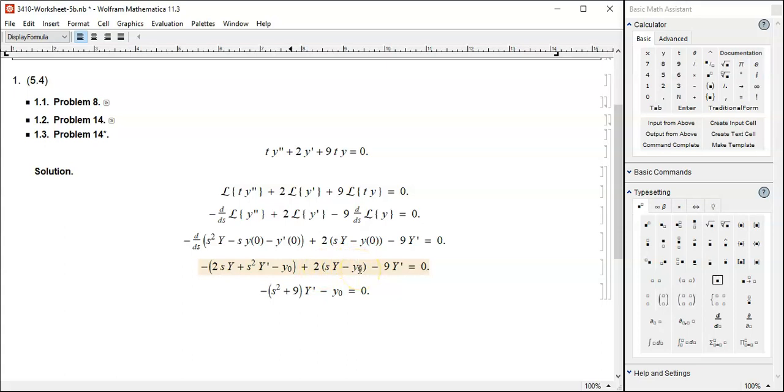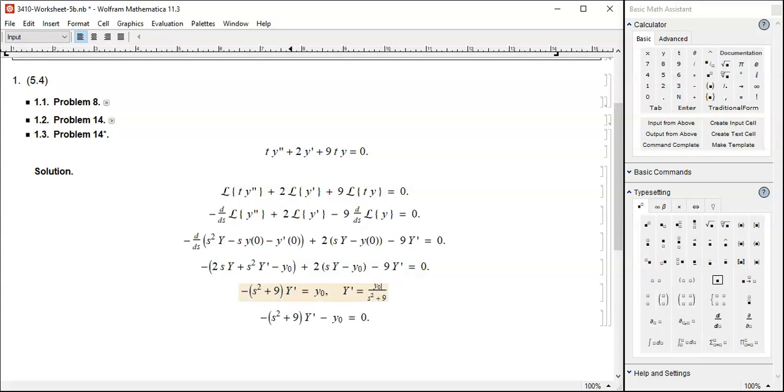And this is negative 2 y naught, so we get minus y naught. So flip one to the other, then I'm going to get Y prime times that equals y naught. Y prime is therefore y naught over s squared plus 9.